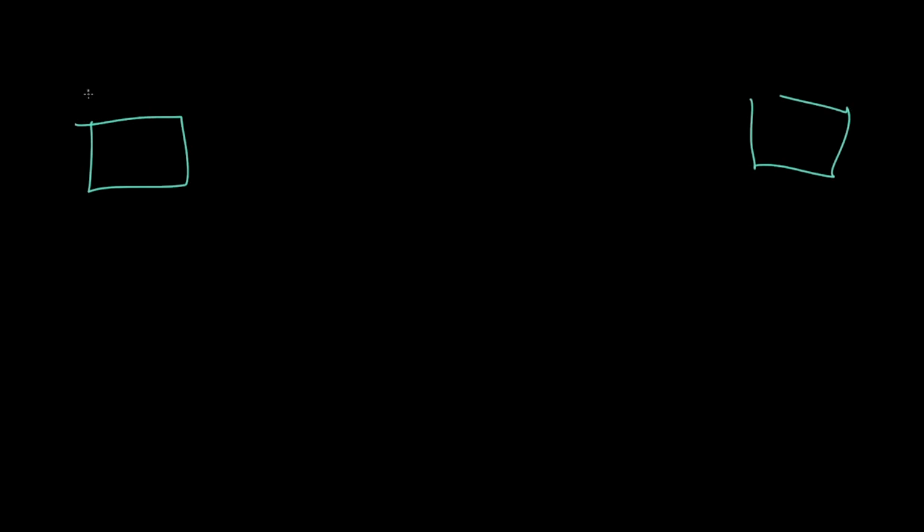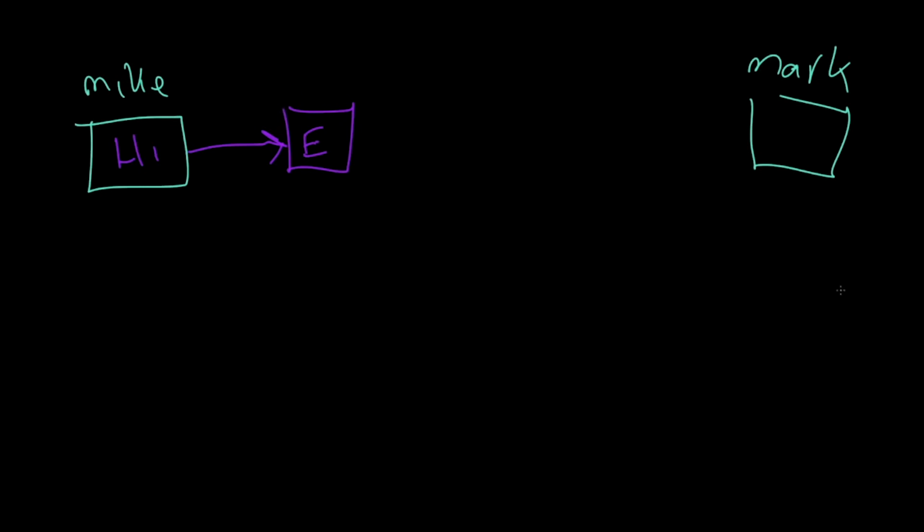So in recapping again, a very, very simple symmetric cipher model. Let's say we've got Mike here, we've got Mark over here. So Mike wants to send the message hi. He does so by putting it into an encryption process or an encryption algorithm, whatever he chooses. So he encrypts that with a key.